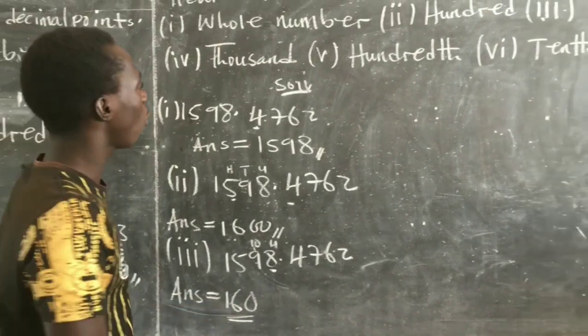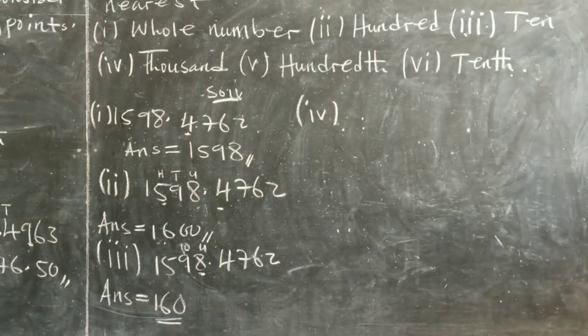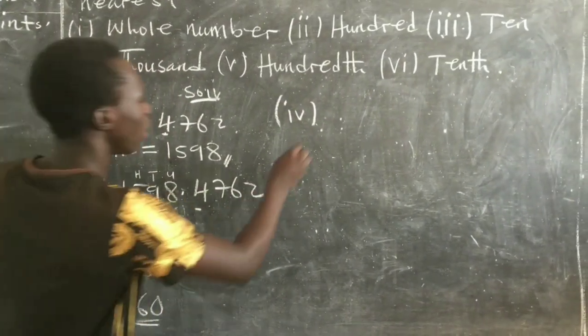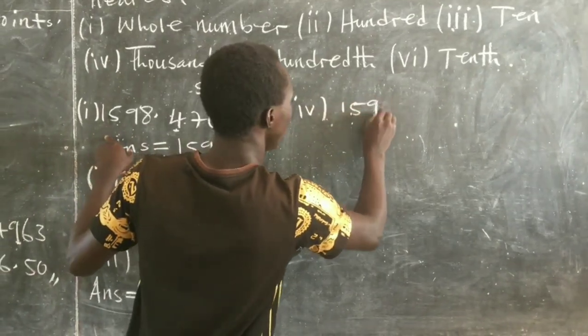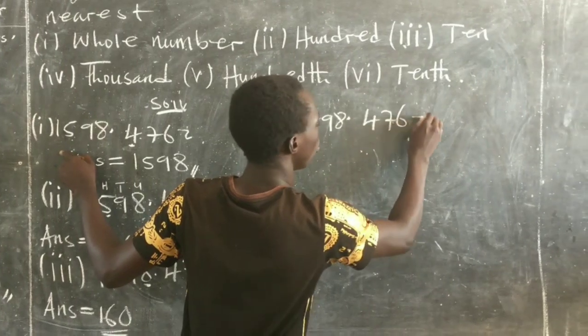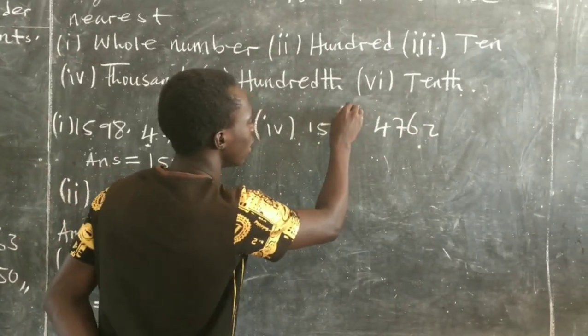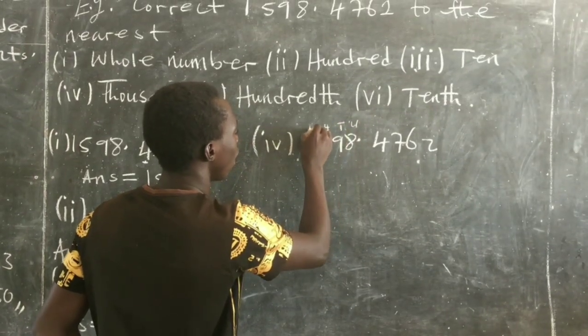Roman figure 4, to 1000. 1000 without TH. The same number, 1598.4762 to nearest 1000. This is the unit digit, 10, 100, and 1000.